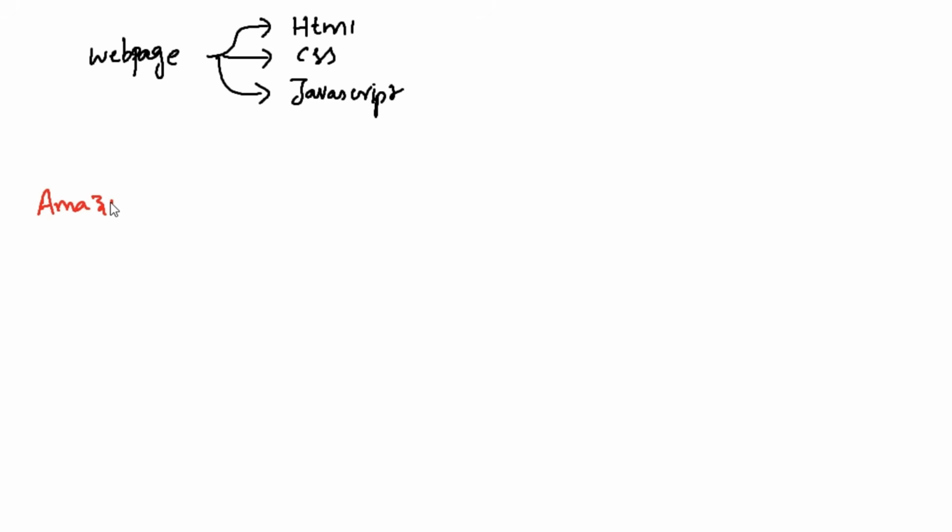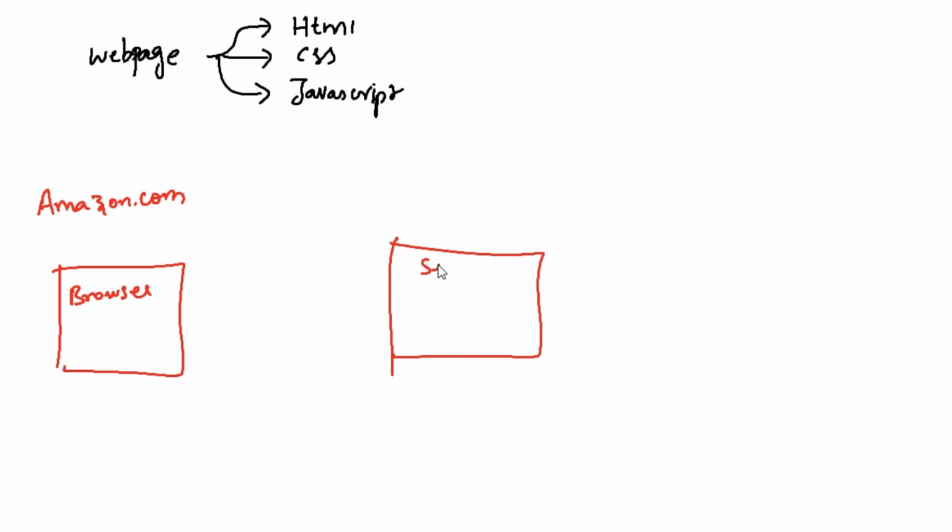I am opening Amazon.com in the browser. Let us say this is a browser. This is a server. This server will contain all the resources like HTML files, CSS, JavaScript files, whatever is needed to load Amazon.com. Once we request Amazon.com in the browser, the browser will send a request to the server.